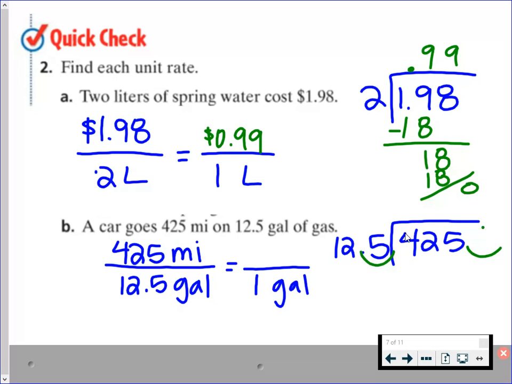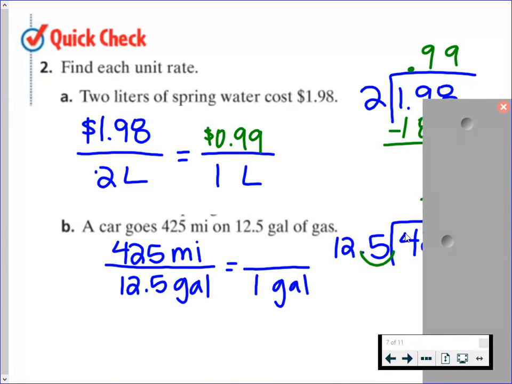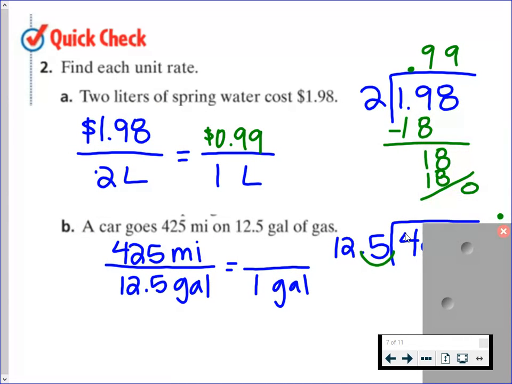Some decimal rules I need to remember. How many decimals outside? None. You can't have any outside. Does 125 fit into 4? Nope. 42? Nope. 425?